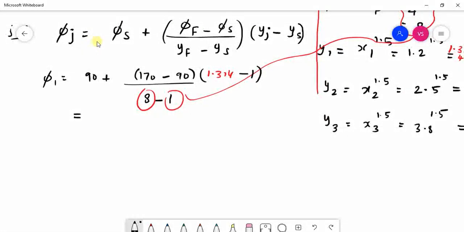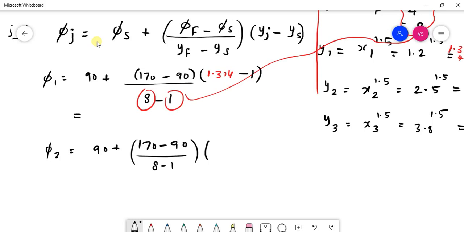Similarly, proceed with phi 2. It will be 90 plus 170 minus 90 over 8 minus 1. None of them will change. The change will be here. Now I am going to use y2. So y2 will be 2.5 power 1.5.